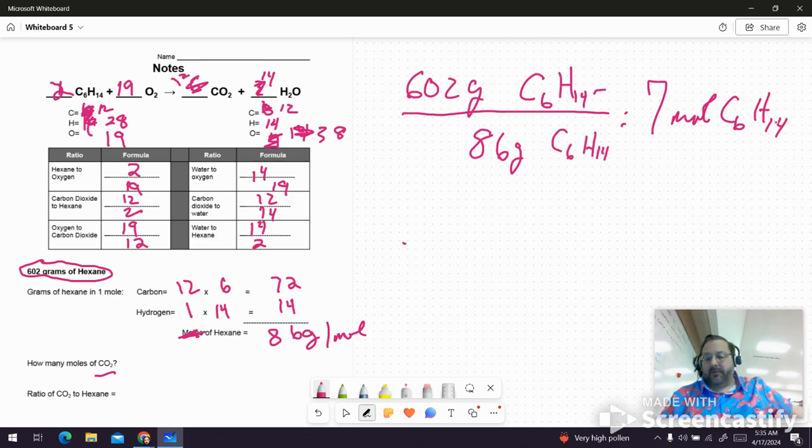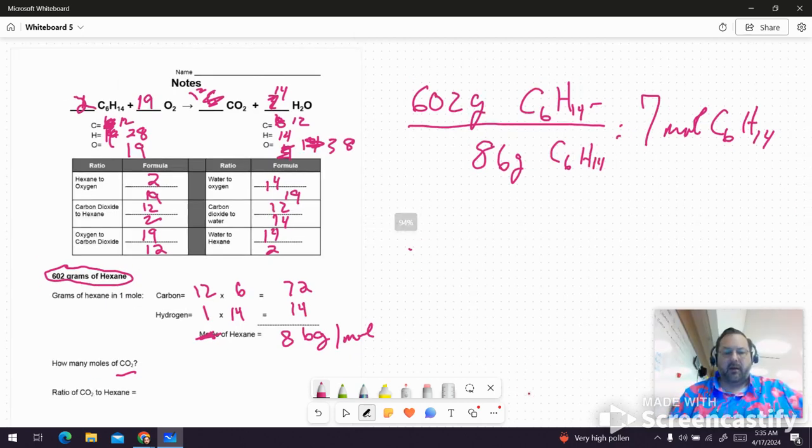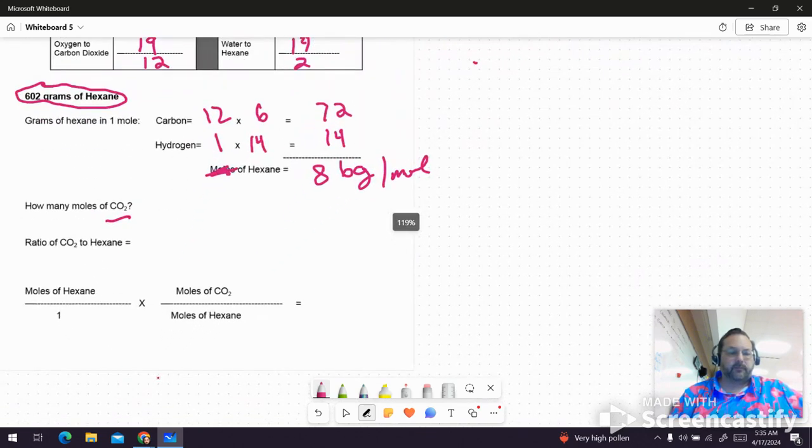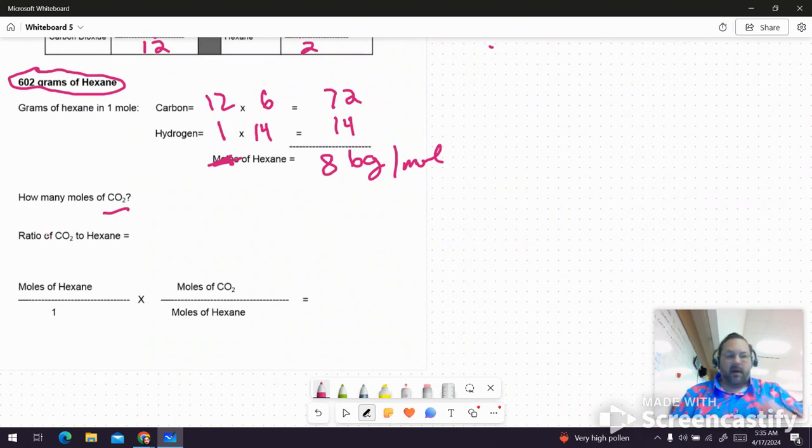I'm right back where I was just the other day, right? We already did this part. So I'm going to go down here and say, all right, I want to find out how many moles of CO2 I have. How many moles of hexane do I have? I just figured it out. I have 7, so I put 7 right there. Remember, this is the ratio of CO2 to hexane.